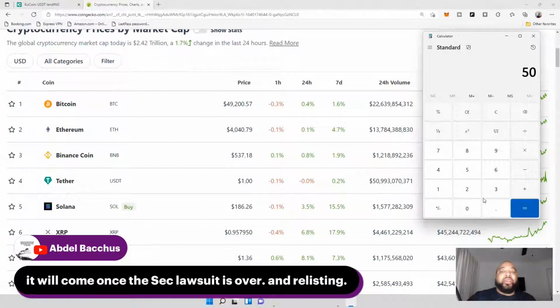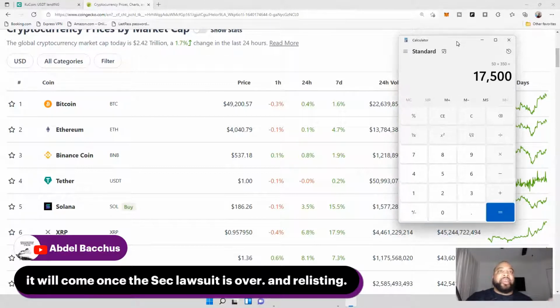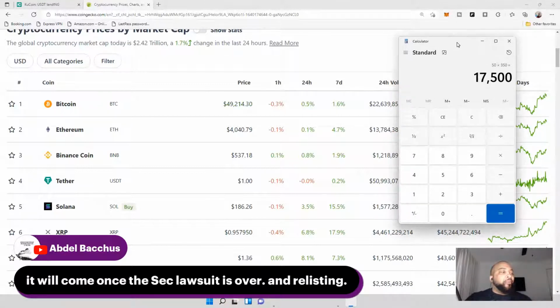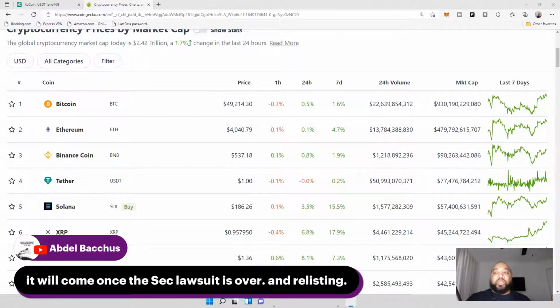If I don't accumulate and purchase any more cryptocurrency, and let's say it gets up to where it's a $350 coin, my $50 worth of XRP purchased today is $17,500. All right, that's simple math. And that's not accounting for how much I might have earned if I'm able to build on and earn interest using the KuCoin lending.